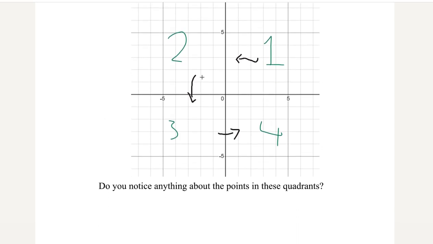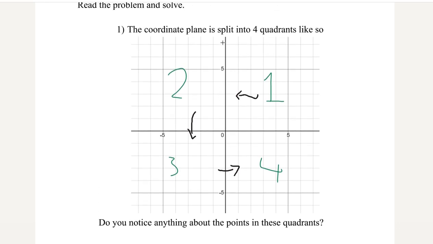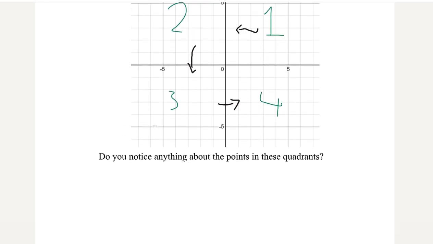For quadrant 2, it's all negative x values and all positive y values. So you always have a negative x but a positive y. For quadrant 3, you have both negative x and negative y.